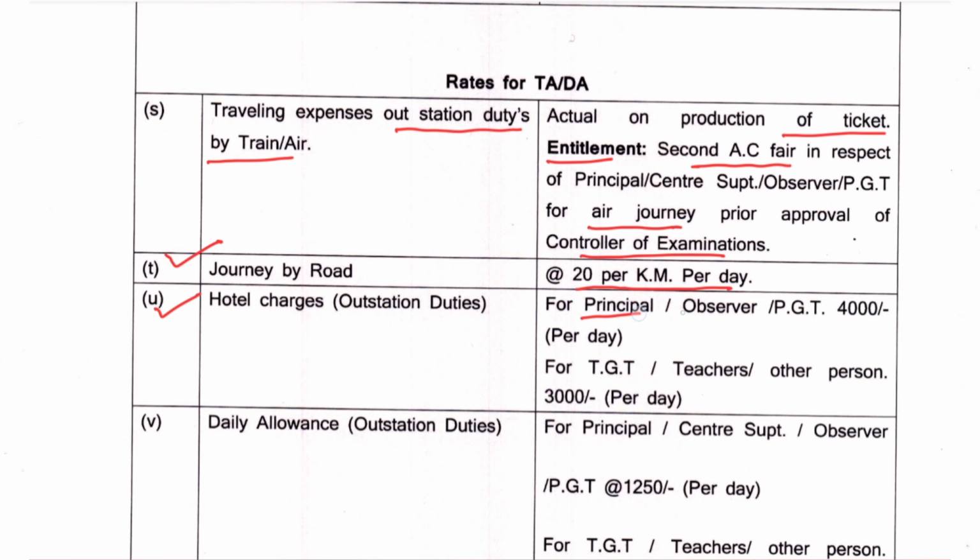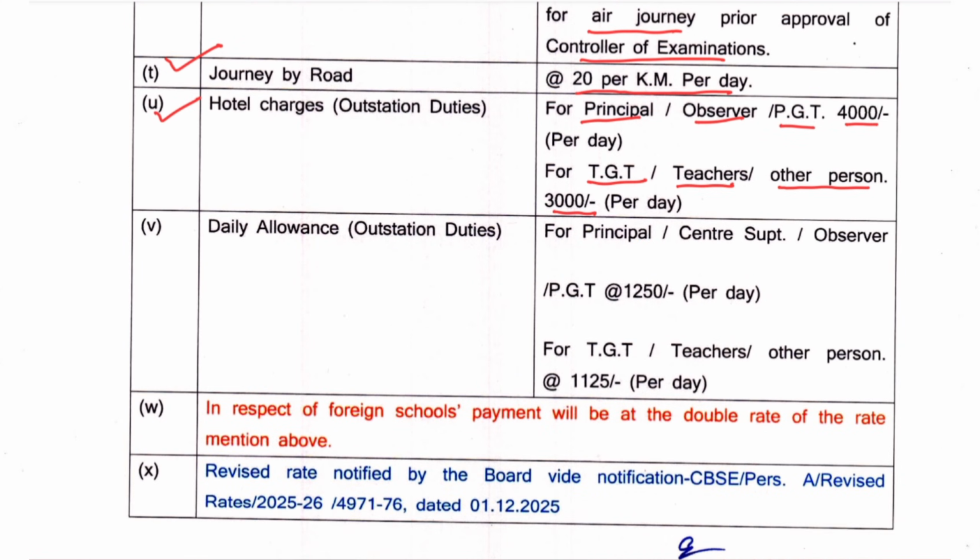Hotel charge, if you are a principal, observer or PGT, you are going to get 4,000 rupees per day. For TGT, teachers and other personnel, you are going to get 3,000 rupees per day. Then daily allowance for principal, center superintendent, observer or PGT, you are going to get 1250 per day. For TGT and other teachers, you are going to get 1,125 rupees per day.